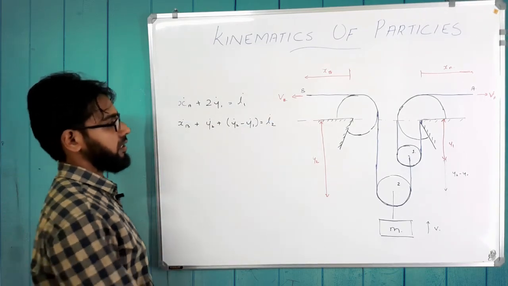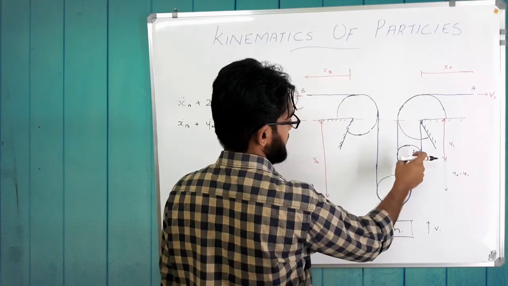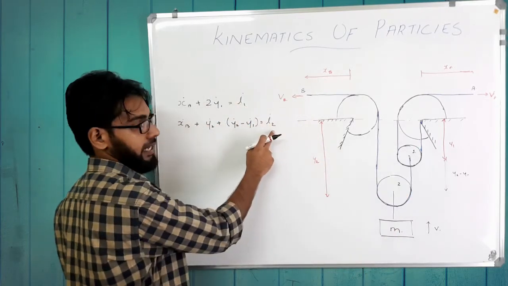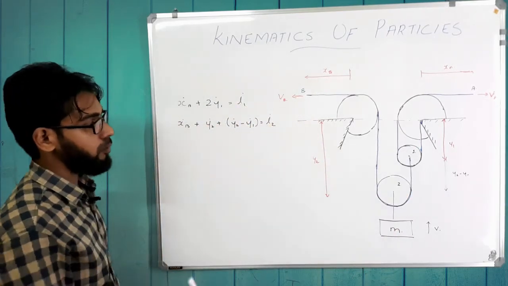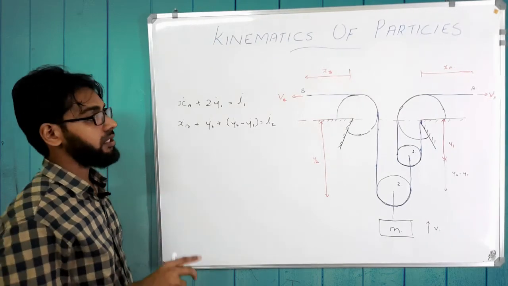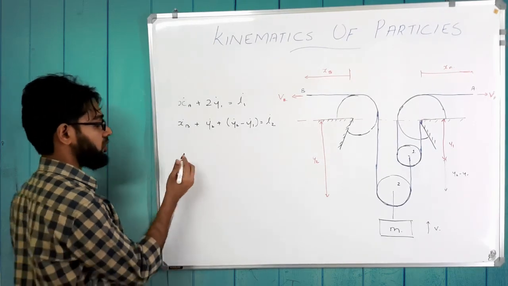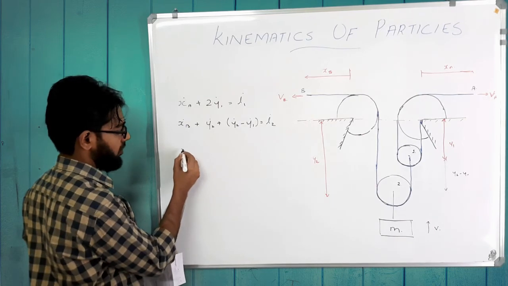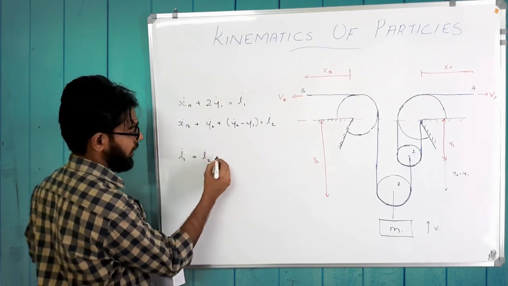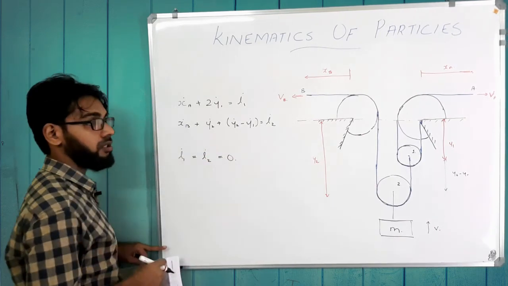Now if you see this figure, both L1 and L2 are the lengths of the cord. The length of the cord as such does not change, and hence their derivatives L1 dot and L2 dot will be equal to 0.